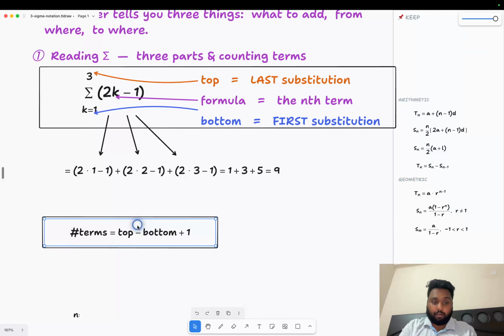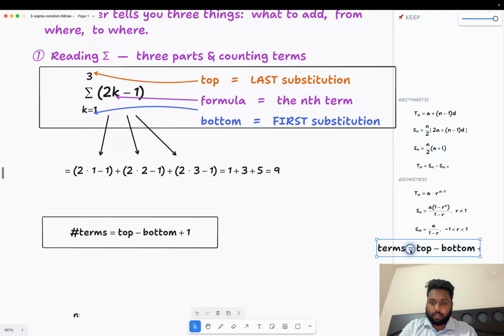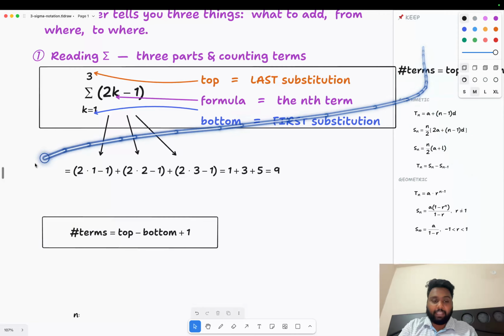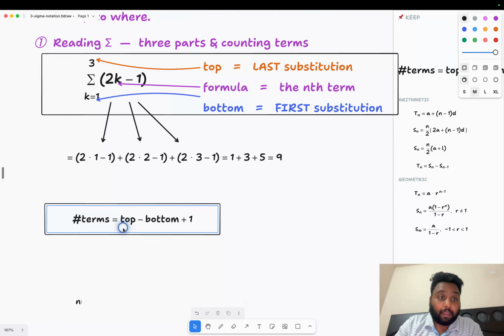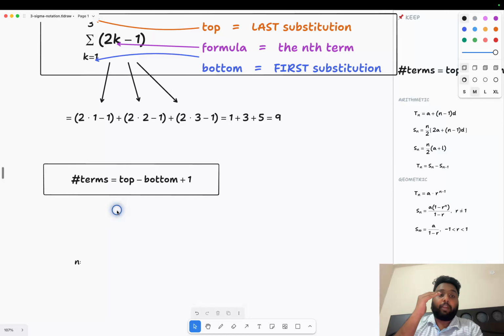So this is our generalized formula for anything that has any summation notation with values going from one given term to the last term. The number of terms is given by top minus bottom plus 1.